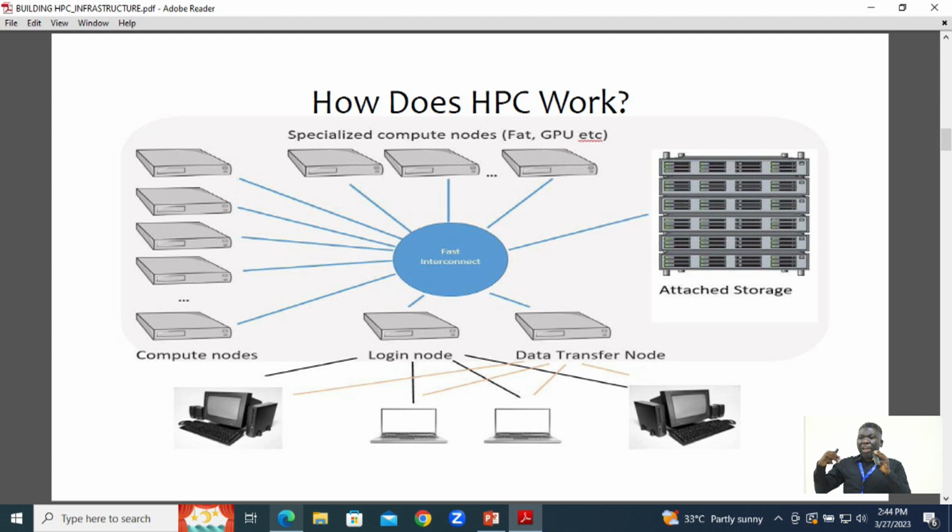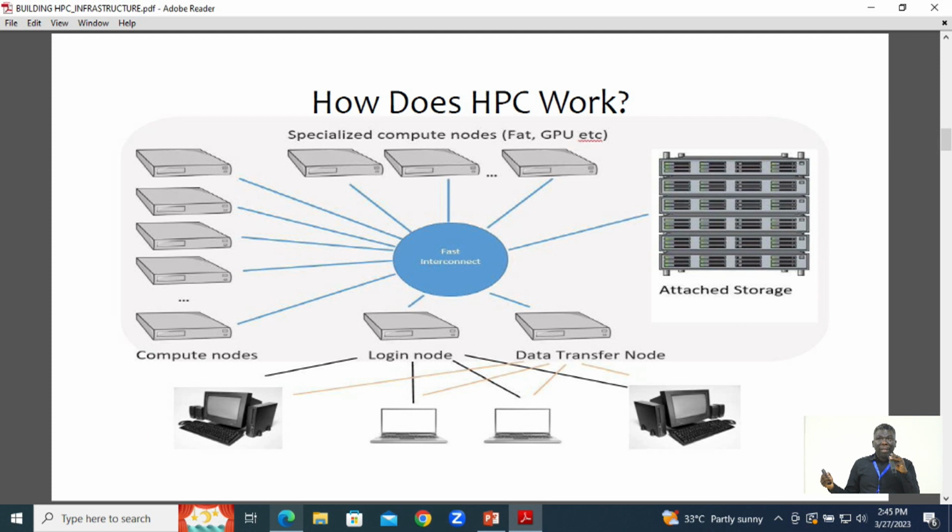You install Globus in your own environment. So if you want to do a large data transfer, probably between a researcher in the US and you here in Nigeria, and you want to receive a large volume of data, you can't just send it via your email. You understand what I'm trying to say?